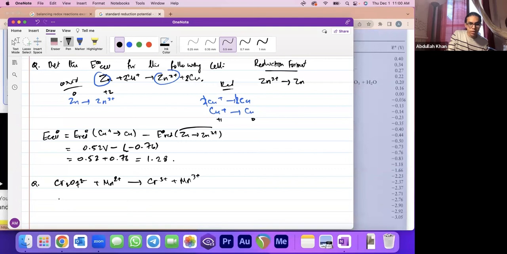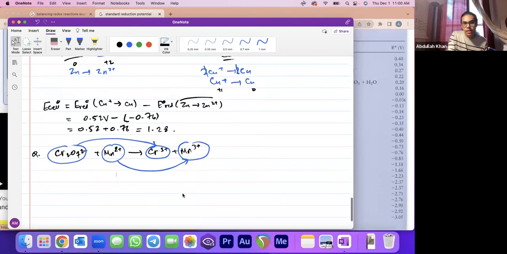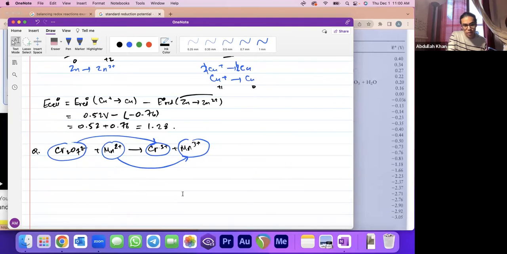Ideally, you would want to fully balance out this equation and make it right, but this is good enough for us. This going to this is our first thing, and then Mn2 plus becoming Mn3 plus is our second thing. Clearly, manganese is getting oxidized because the charge is going up. So first of all, this is oxidation, this is reduction.